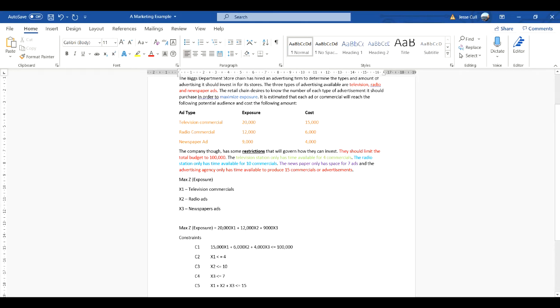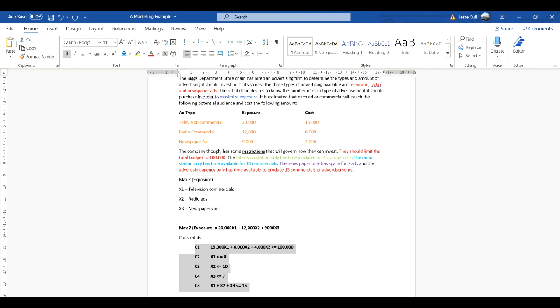And we get that from the third sentence. The advertising agency can only produce 15 commercials or advertisements. More than that is impossible. They don't have time. So what we've found here is our objective functions and the constraints governing our behavior.